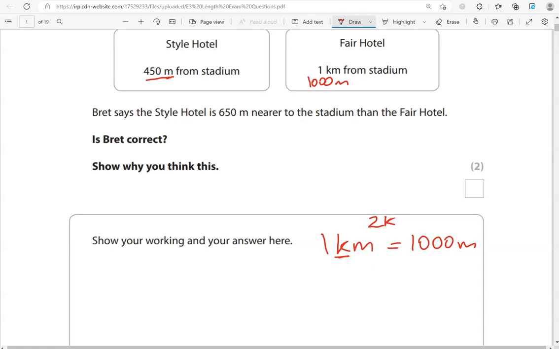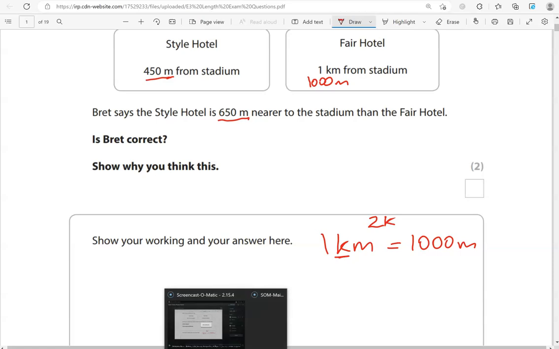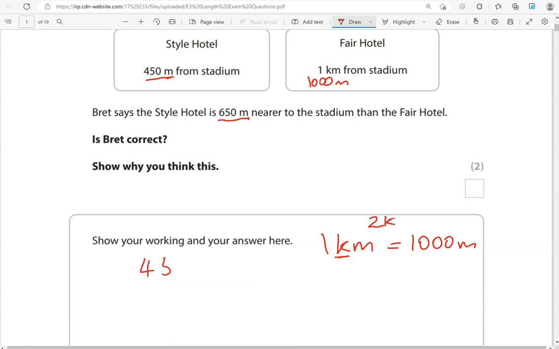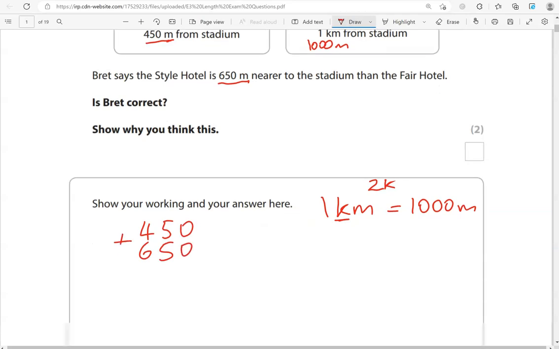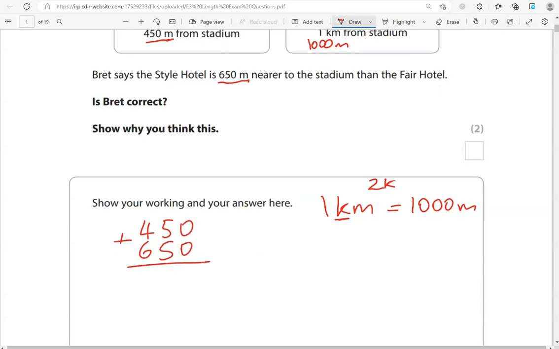Brett says that the Style Hotel is 650 meters nearer to the Stadium than the Fair Hotel. So if we add 650 to 450, does it give us 1,000? Let's have a look. That's 0, 5 and 5 is 10, so 0 down, 1 carried over. 6 and 4 is 10 and the 1, that is 11.